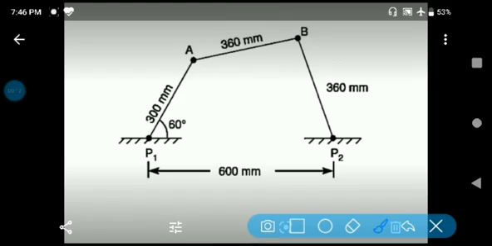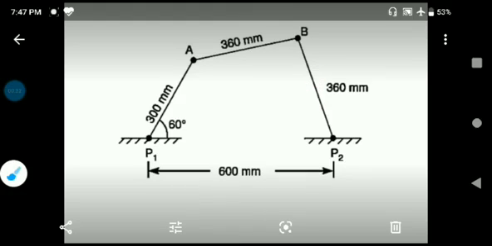The direction of the normal component of acceleration of B relative to P2 will be towards the center. That means the direction will be along the line BP2 or parallel to the line BP2 towards point P2, that is in the downward direction.